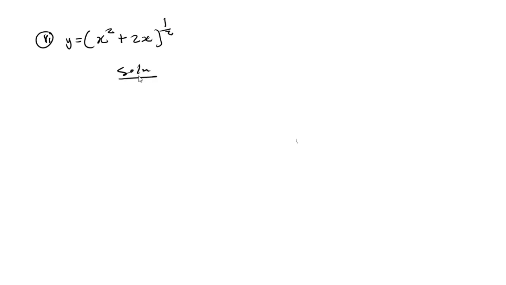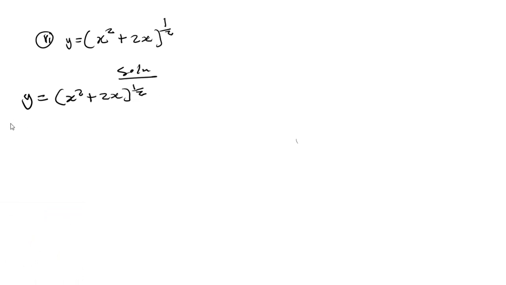So in this case, for this question, which is y is equal to open bracket x squared plus 2x to the power half, what you can do is you're going to use the chain rule. Remember the first one we used the product rule, but this one we are going to use the chain rule.